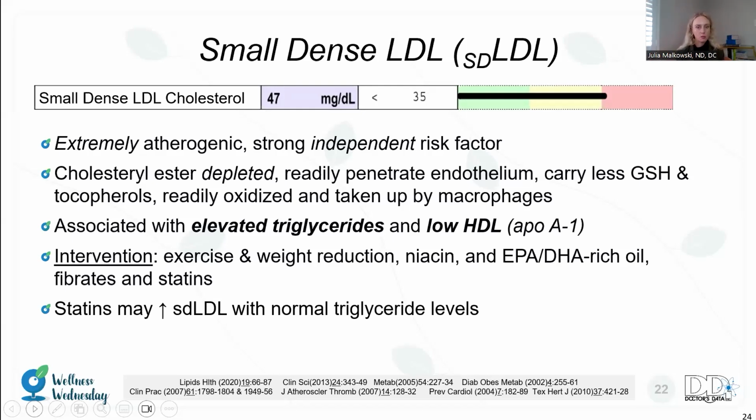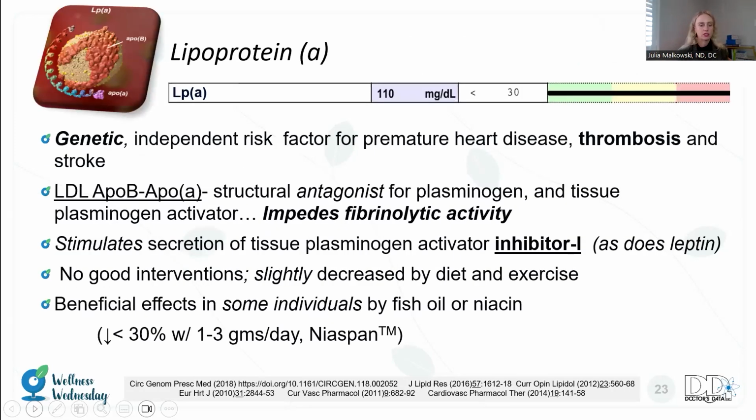A patient that has an elevated small dense LDL, a low HDL, and elevated triglycerides has a profile that's associated with cardiovascular disease. And there's a dietary component of that as well. So you can help your patient in that manner. For individuals with elevated small dense LDL, you would recommend exercise, weight reduction, niacin, EPA and DHA, as well as fibrates and statins. Statins have been shown to potentially increase the small dense LDL with normal triglyceride levels.